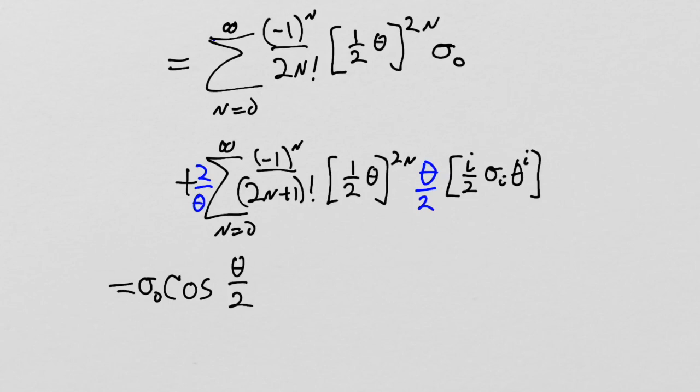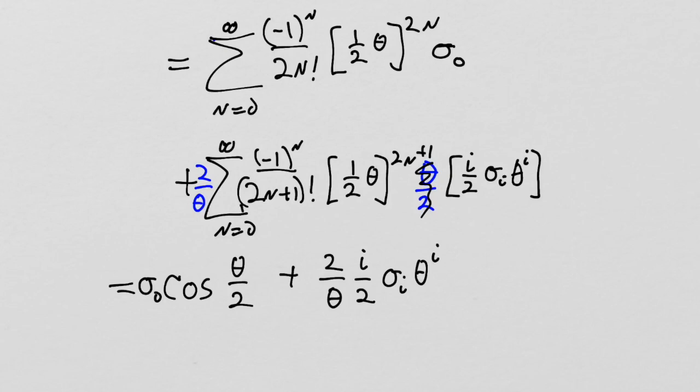And so this guy is going to end up being plus, okay, so when we do that, we get the 2n plus 1 there, right? So that takes care of that. And so we get plus 2 over theta times I over 2 sigma I theta I. That's all the constants coming out.